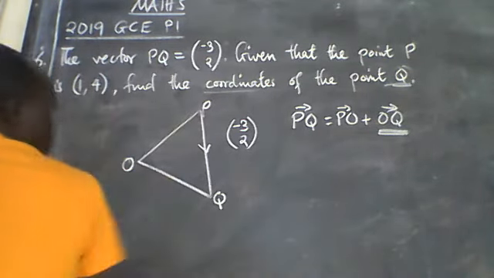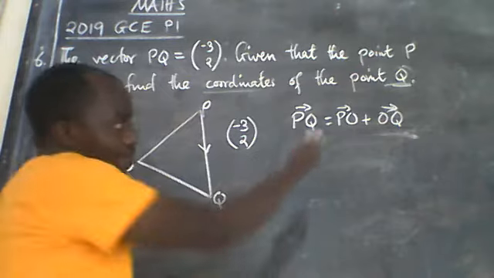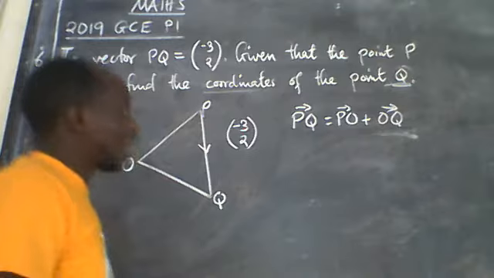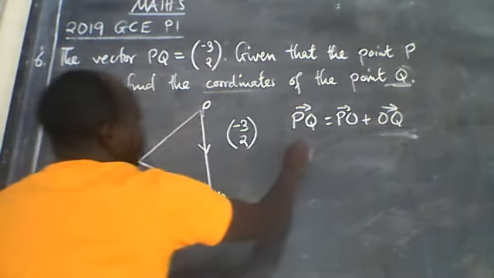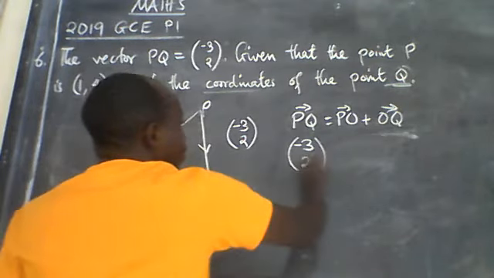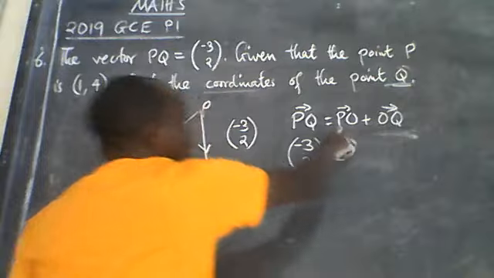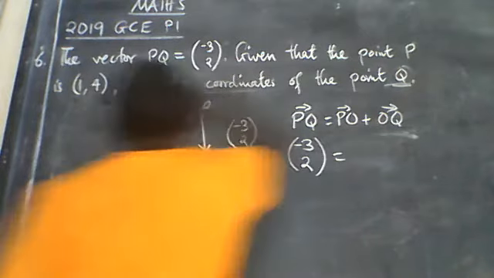So what we are going to do there is make some substitutions so that we can find what we are asked. What is PQ? Being told that PQ is this, so substitute negative 3 and 2 there, equal to, what is PO? They are saying, given that the point P is this.